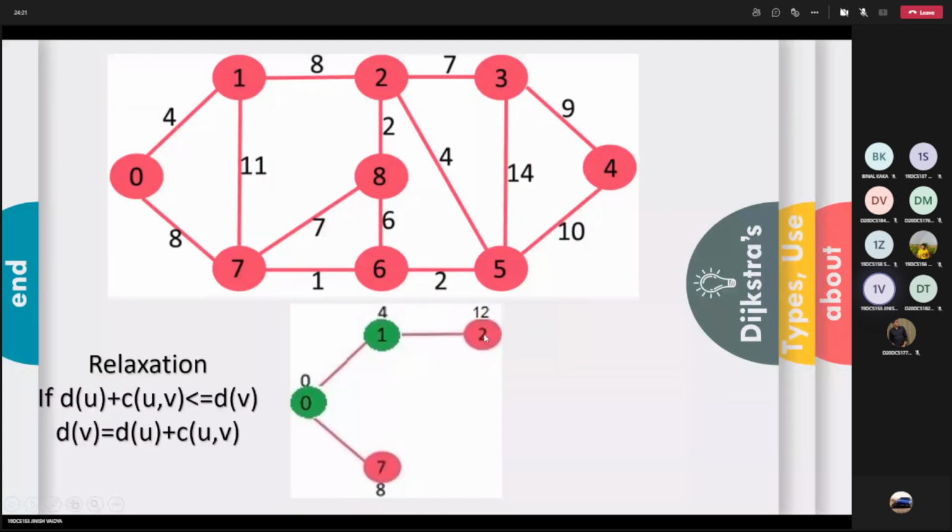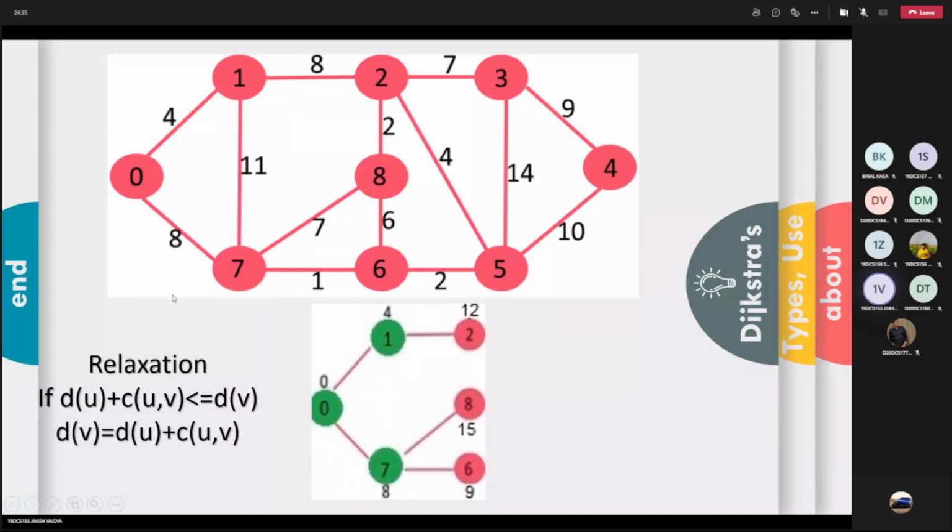And if we find the distance till 7 through 1, it will be 4 plus 11, which is more than 8, so we will not consider it. After that, the lowest distance out of all will be 8, so we mark it as a visited vertex, and we will find the distance from 7.